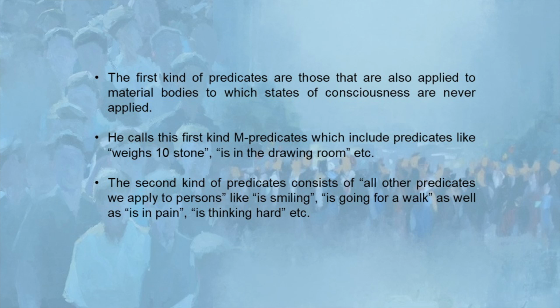He calls this first kind M predicates, which include predicates like height, weighs 10 stone, is in the drawing room, etc. Now, the second kind of predicates consists of all other predicates we apply to persons, like is smiling, is going for a walk, as well as is in pain, is thinking hard, etc.